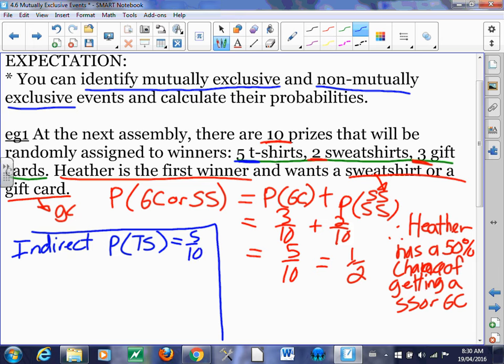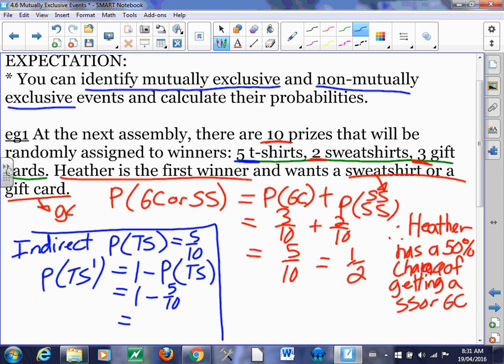Okay. So probability of not getting a t-shirt, which is TS prime, equals 1 subtract the probability of getting the t-shirt. Okay. Which is 1 subtract 5/10, which equals 5/10, which equals 50%, or 1/2 if you want to do it that way.